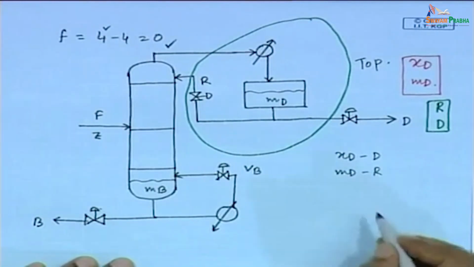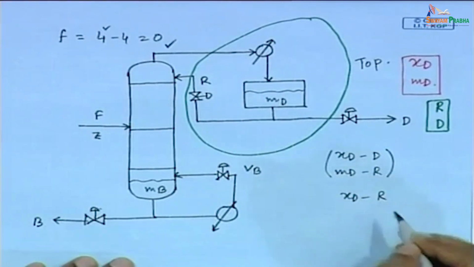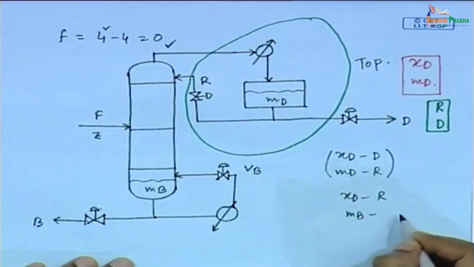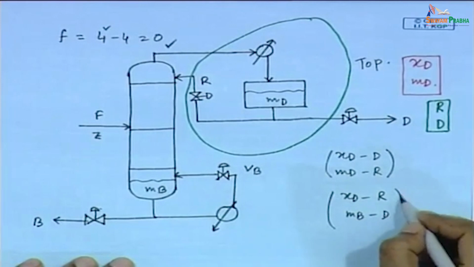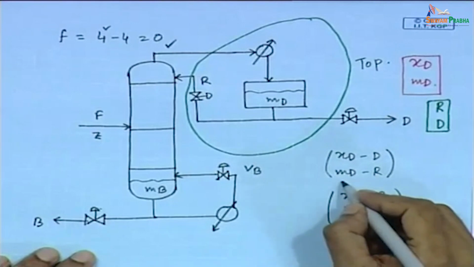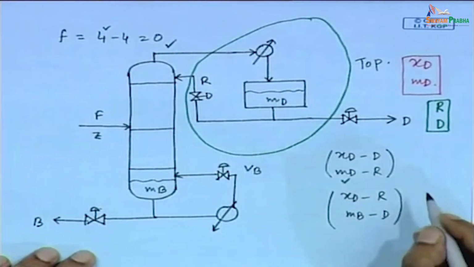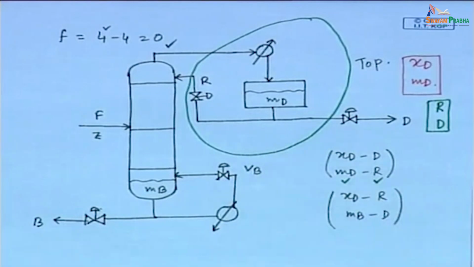Fine. Another pair may be xd, r and md, d. So, these are two possible pairs. First, we will consider the first pair. We want to manipulate, suppose md; we want to control md by the manipulation of r.